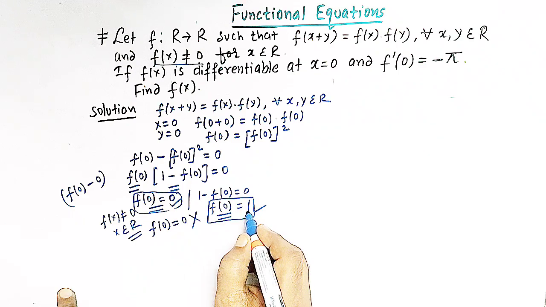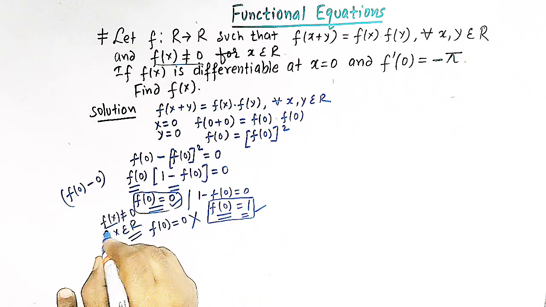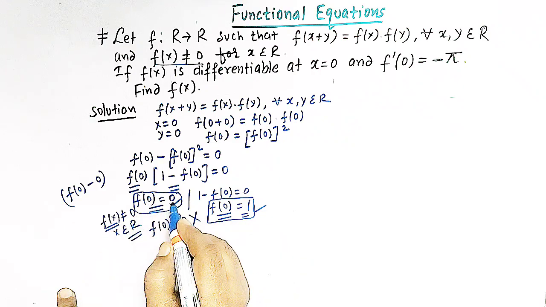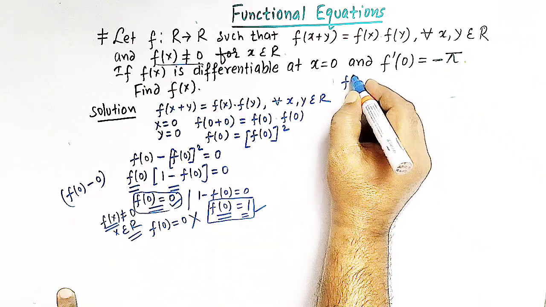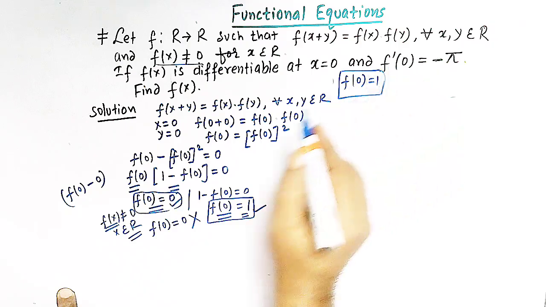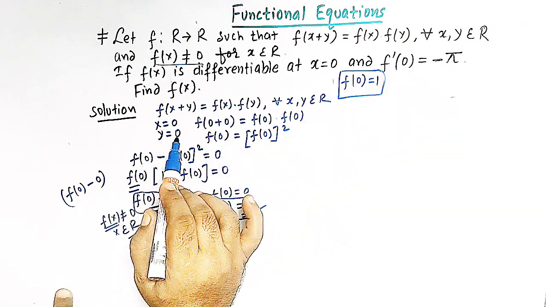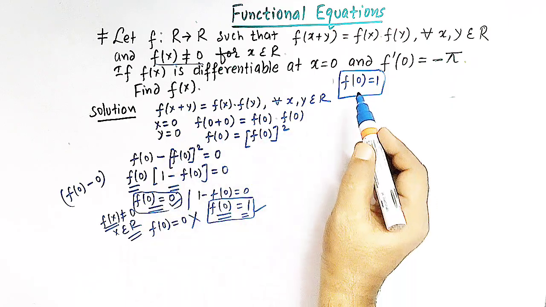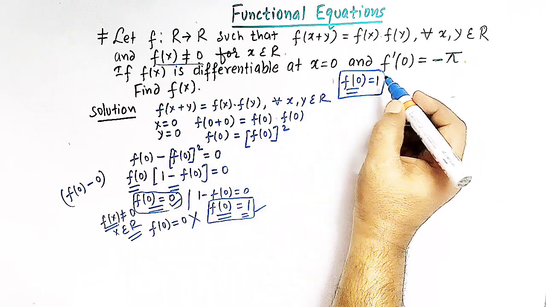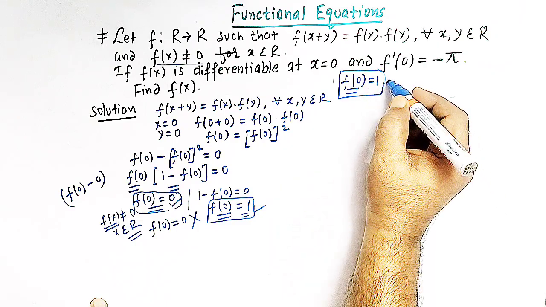So f of 0 is equal to 1, so we'll accept this value. Due to this condition, we'll discard f of 0 is equal to 0. So let us take f of 0 is equal to 1, right? So the purpose of taking x is equal to 0 and y is equal to 0 is to get the value of f of 0, right? Because in the later steps we are going to use this value.